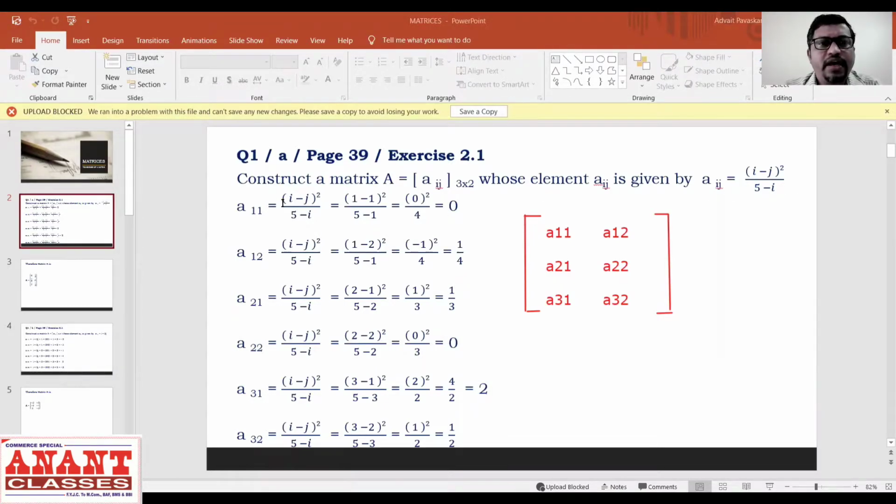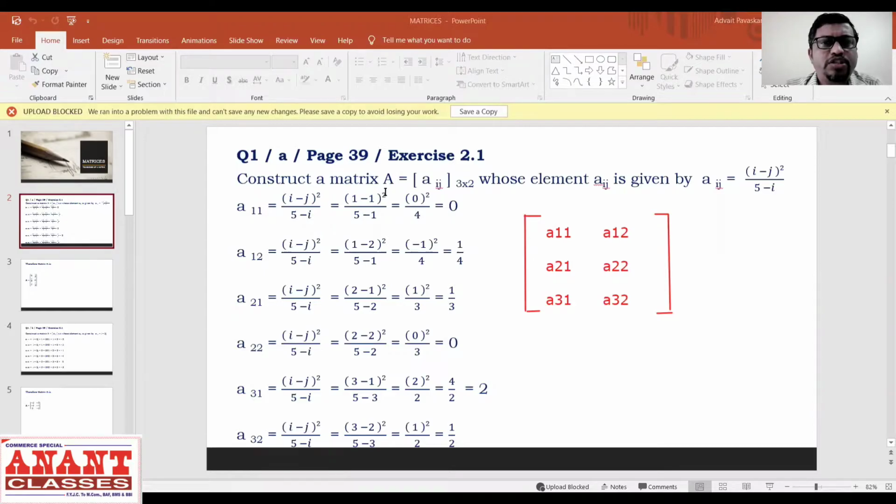Formula क्या लिखा है? a_ij is equal to (i minus j) whole square divided by 5 minus i. हमको ये वैल्यू सब्स्टिट्यूट करने हैं. तो पहला वैल्यू हमारा a11. अब इसको कैसे सब्स्टिट्यूट करेंगे? देखो, i मतलब this one, j मतलब this second one.